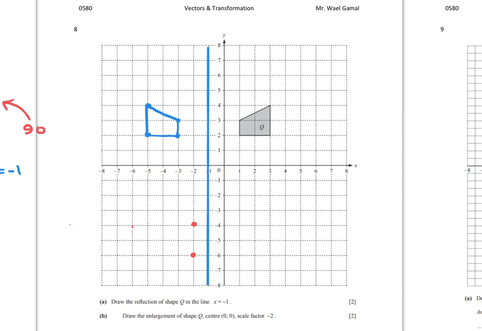So this is a new image. The last one, 3 and 4 multiplied by -2, so -6, -8. Now this is the image by enlargement scale factor -2 about the origin.